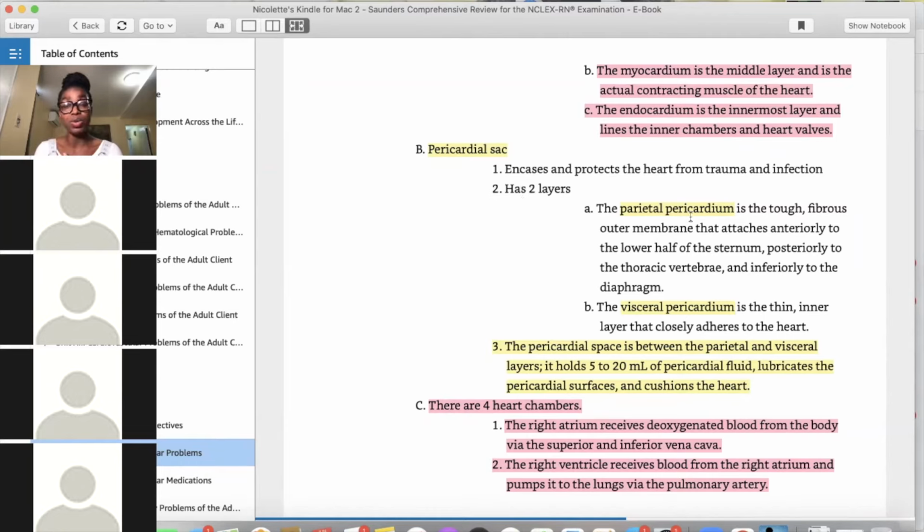We have the parietal layer and we have the visceral layer. And in between the two, right, the pericardial sac is between the parietal and the visceral layer, right? In between these two is the space, right? Is a pericardial space, and that space has 5 to 20 milliliters of fluid.